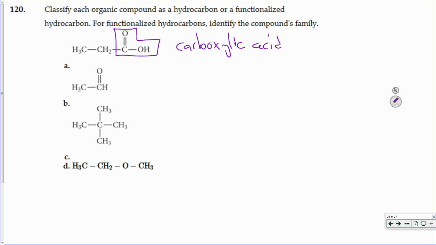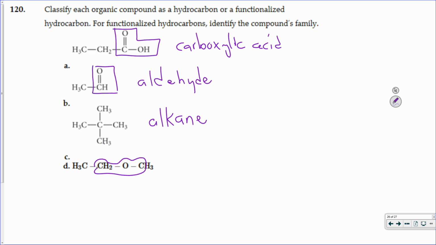If it had a C double bond OH, it's classified as an aldehyde. All right. If it just contains carbons and hydrogens in single bonds, that's an alkane. If it contains a C-O-C bond, that's an ether.